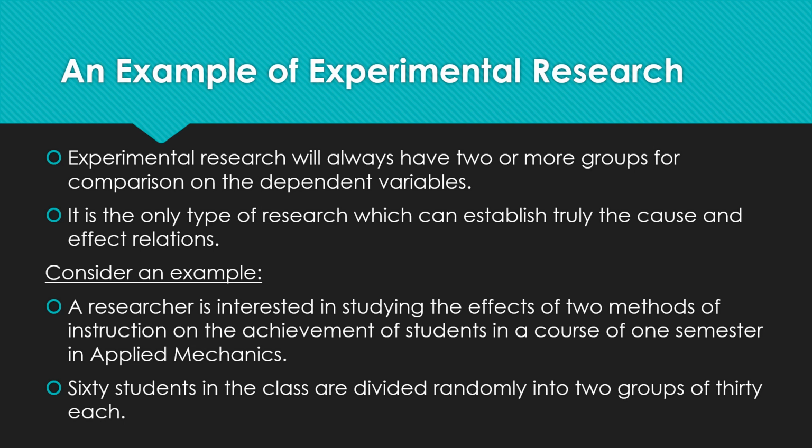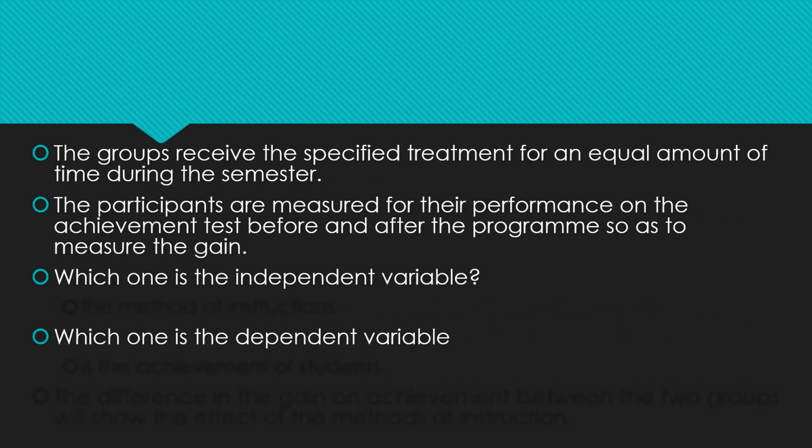The researcher would like to apply two methods and see which group of students will achieve higher grades. So 60 students in the class are divided randomly into two groups of 30 each, and the groups receive the specified treatment for an equal amount of time during the semester.